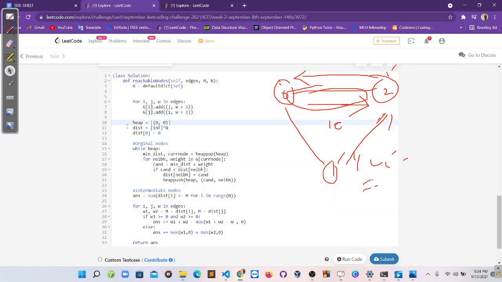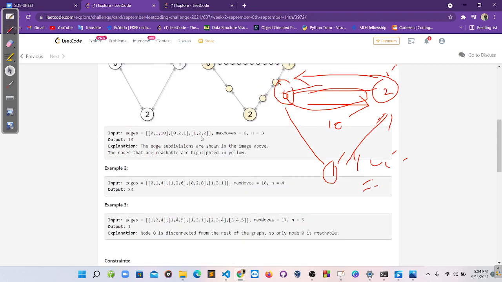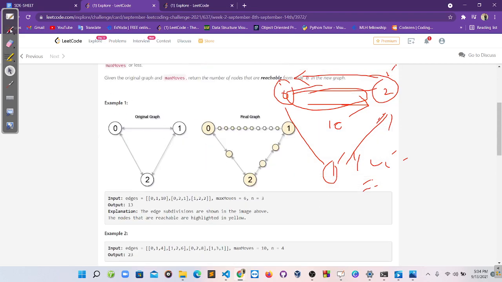Now where do we store it? If we traverse from 0 to 2, at that point the node is 2 and the distance remaining to be explored, whatever is the maximum moves we have, we have to save it.